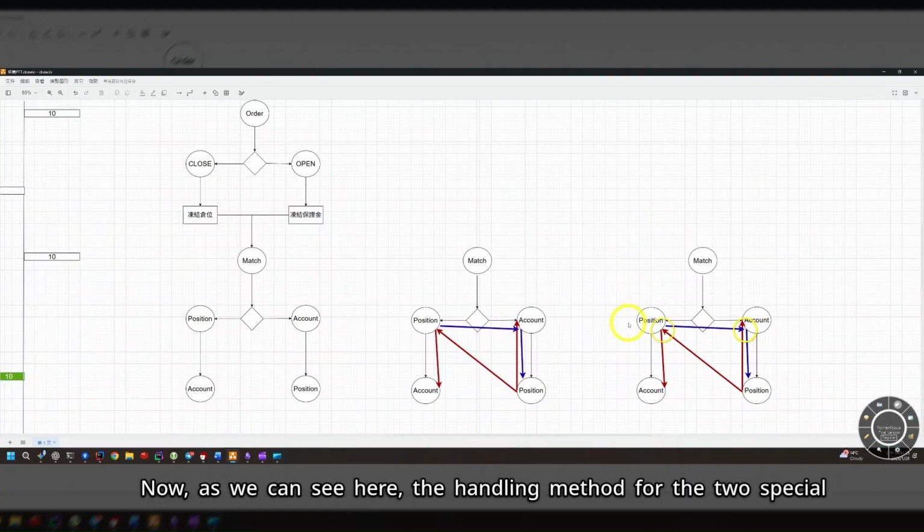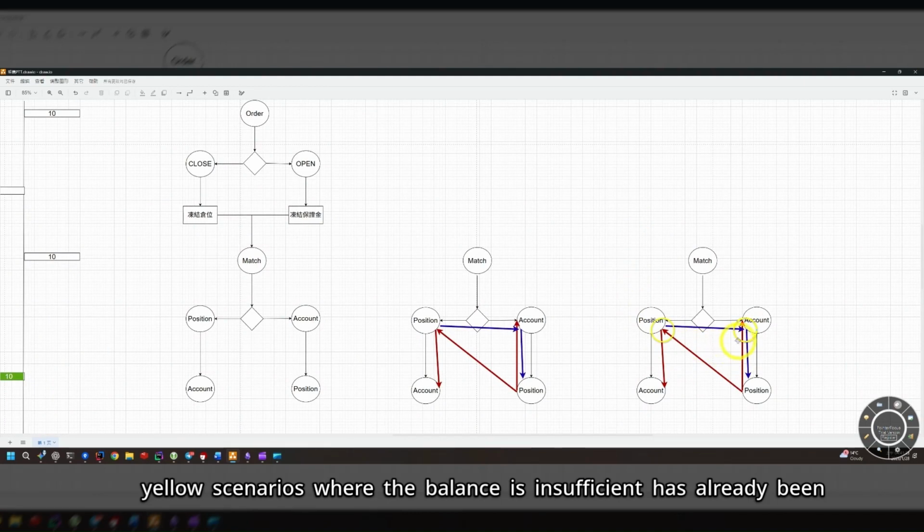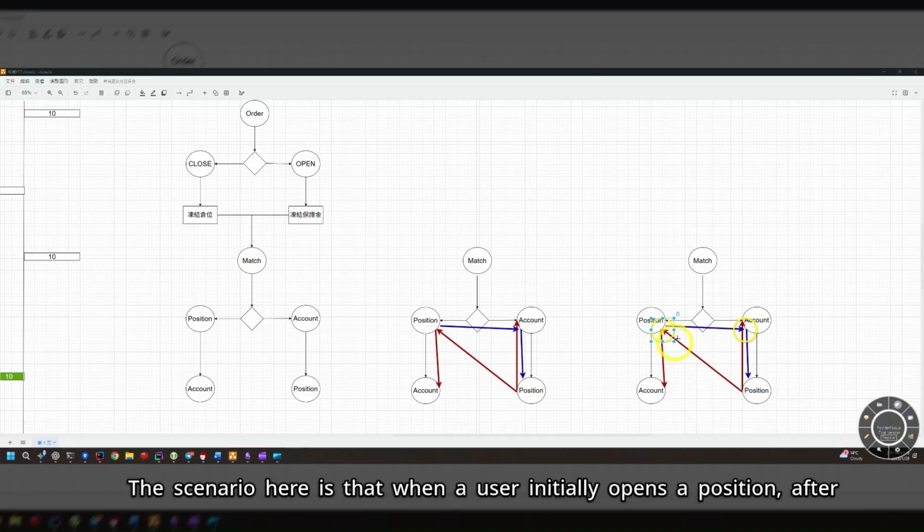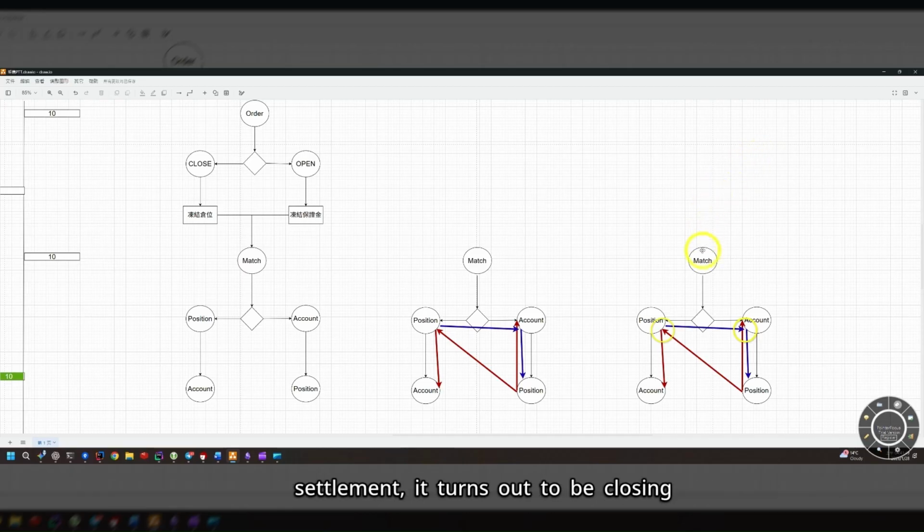Now, as we can see here, the handling method for the 2 special yellow scenarios where the balance is insufficient has already been explained. Now, I'll introduce another situation here. The scenario here is that when a user initially opens a position, after settlement, it turns out to be closing. Then they initiate this transaction on-site request.